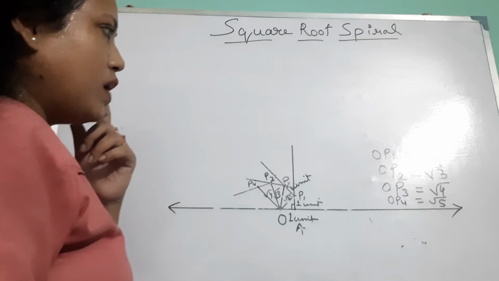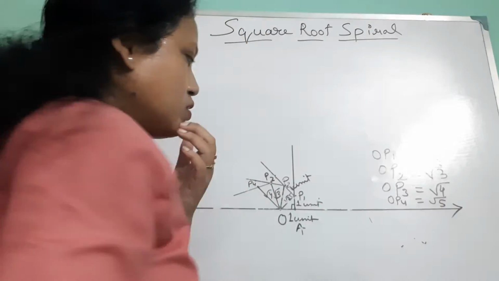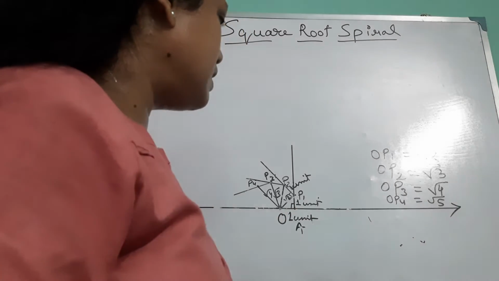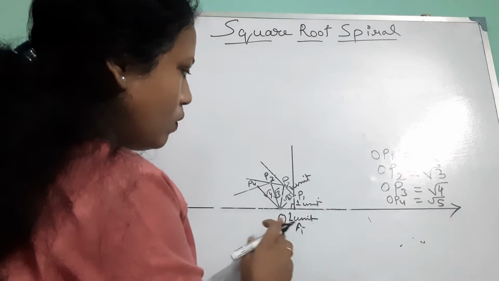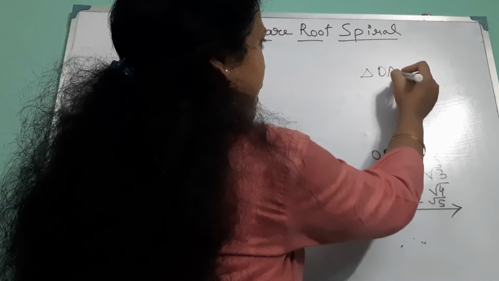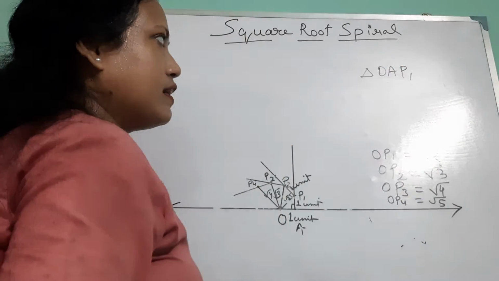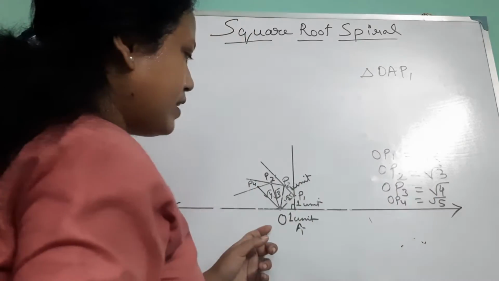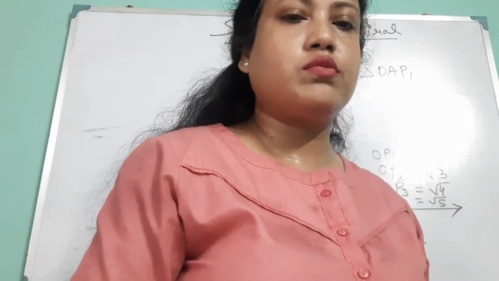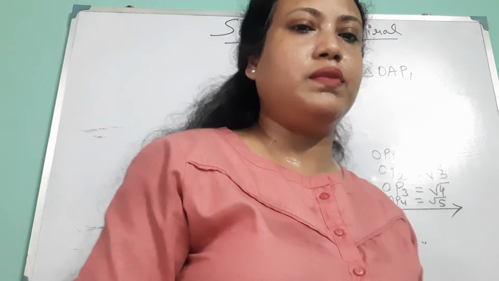Now the question is, why is OP1 root 2? We all know the Pythagoras theorem, which is used in a right angle triangle. Triangle OAP1 is a right angle triangle. The statement of Pythagoras theorem is that hypotenuse square is equal to base square plus perpendicular square.